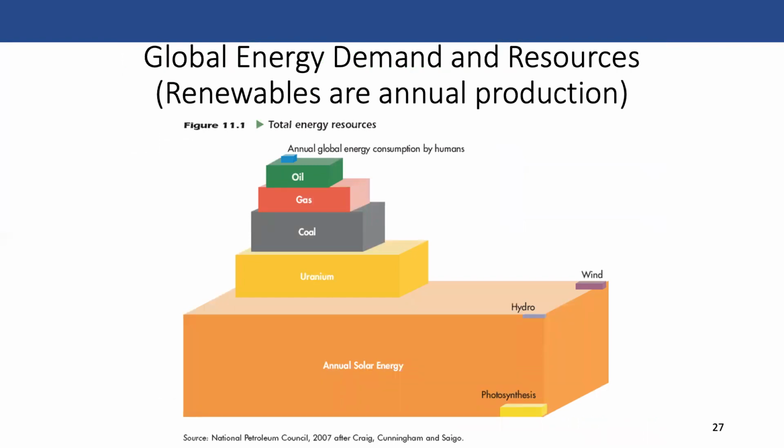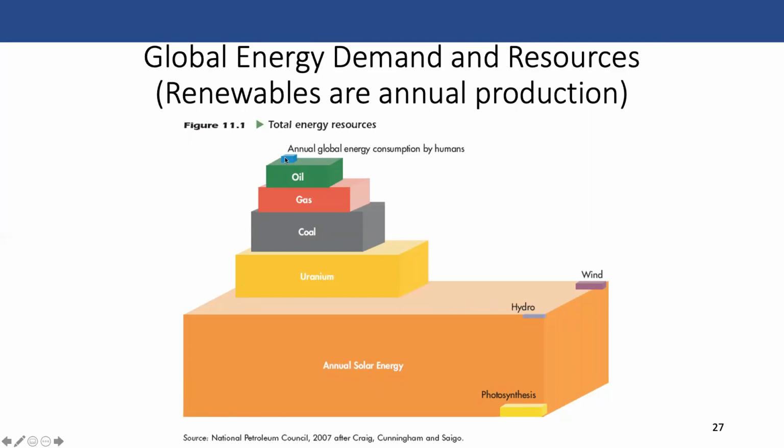Okay, how much energy is consumed by humans? I've shown a picture of this figure before. Maybe it might be slightly different, but generally this is what the primary energy content for each different fuel type consumed by humans is.